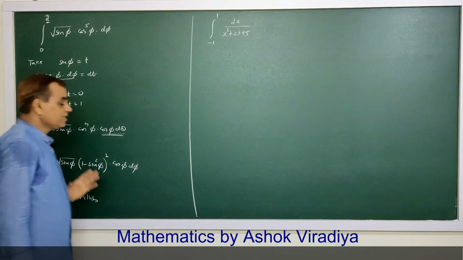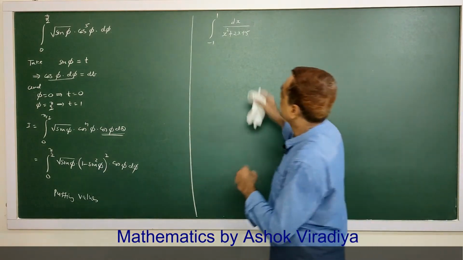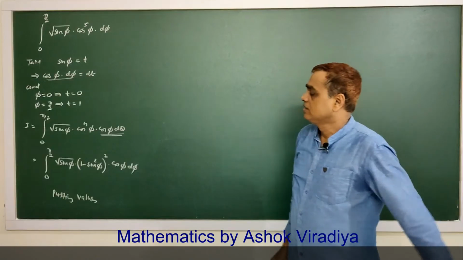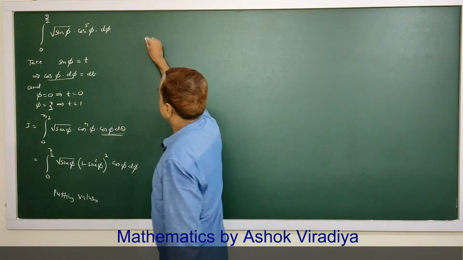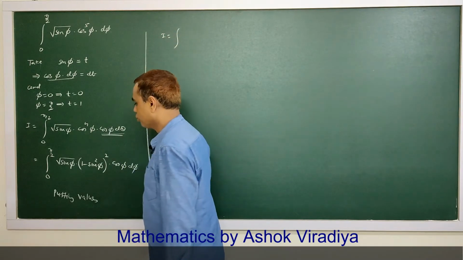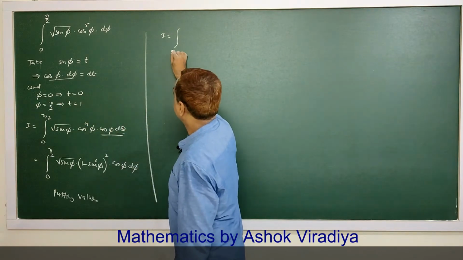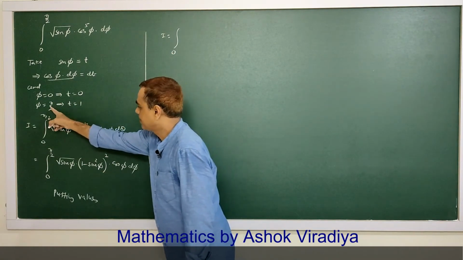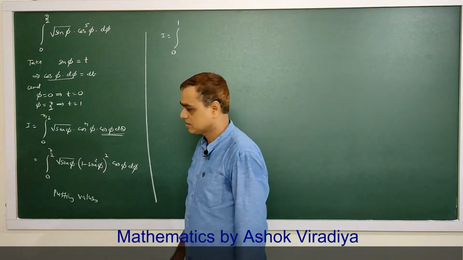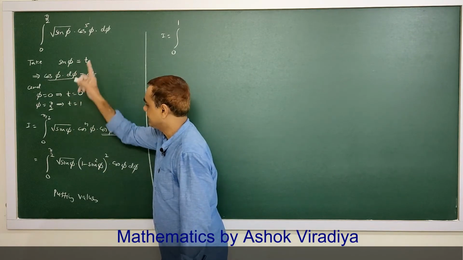Here, now we require space, so I am removing this question. So the integral is, now look, 0 will be replaced by 0, pi by 2 will be replaced by 1, because phi we are converting into t.